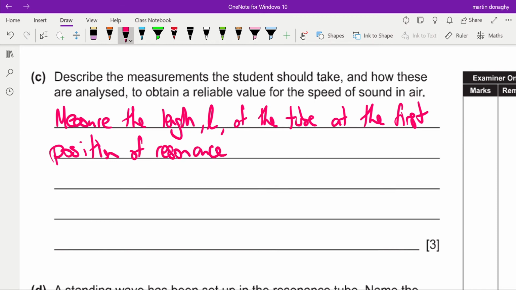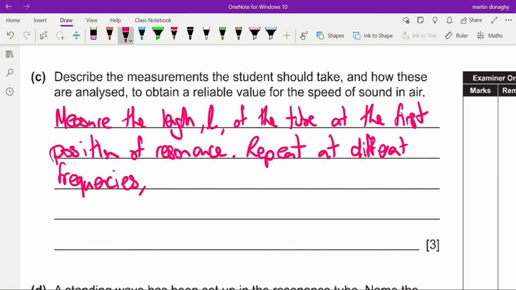Okay, repeat at different frequencies F of tuning forks.